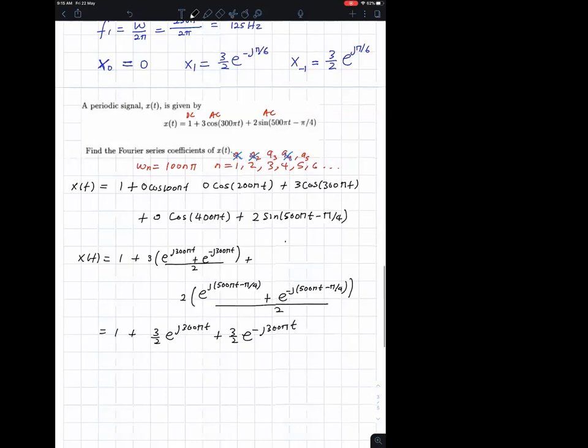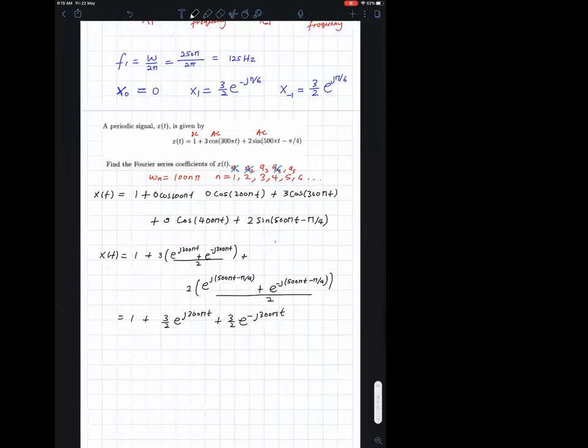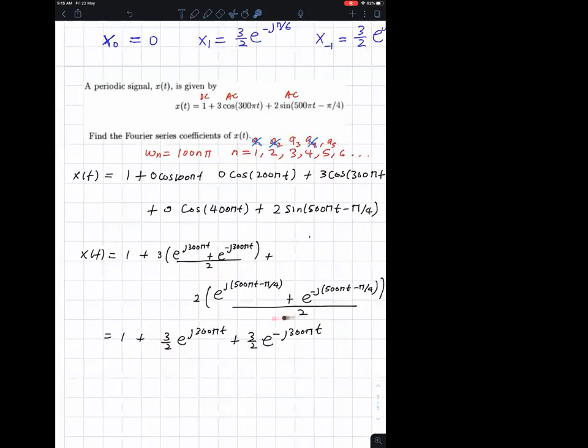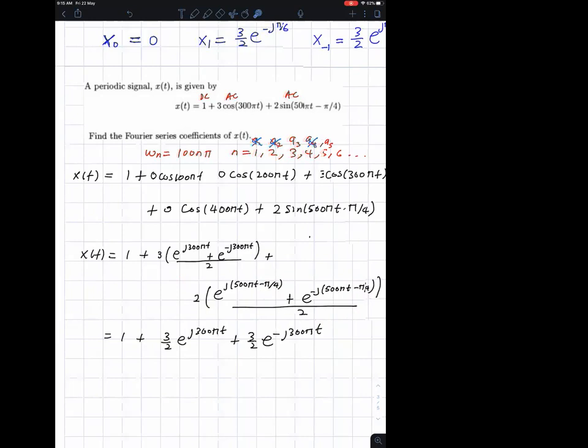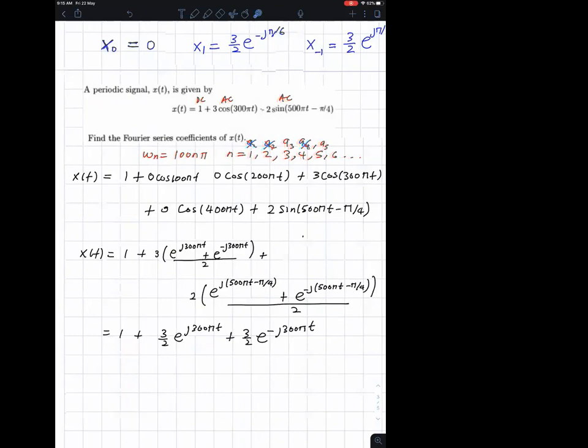Okay, that's for this part here. For this part now, we're going to do the same thing, but in this case, we have phase also, so we have to take care of that too. But 2 divided by 2 is going to cancel.